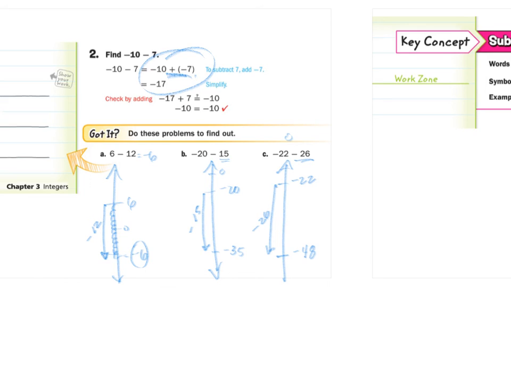So look at that. That means we would have 6 plus negative 12. On B, we would have negative 20 plus negative 15. And on C, you'd have negative 22 plus negative 26.